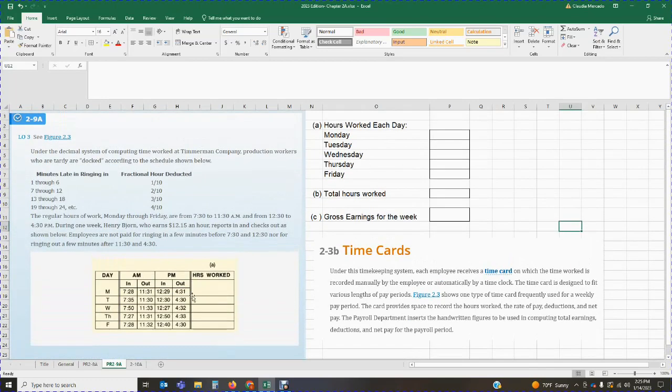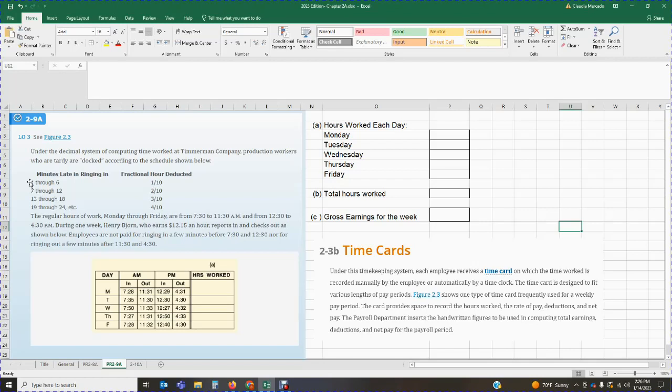So let's look at the time card. And remember, if they are late, between 1 through 6 minutes or more, they get docked, but if they clock in a little bit early, they don't get paid for it. This is not a very common method of accounting for time cards nowadays, but there are some older companies that still use this decimal system of computing time.